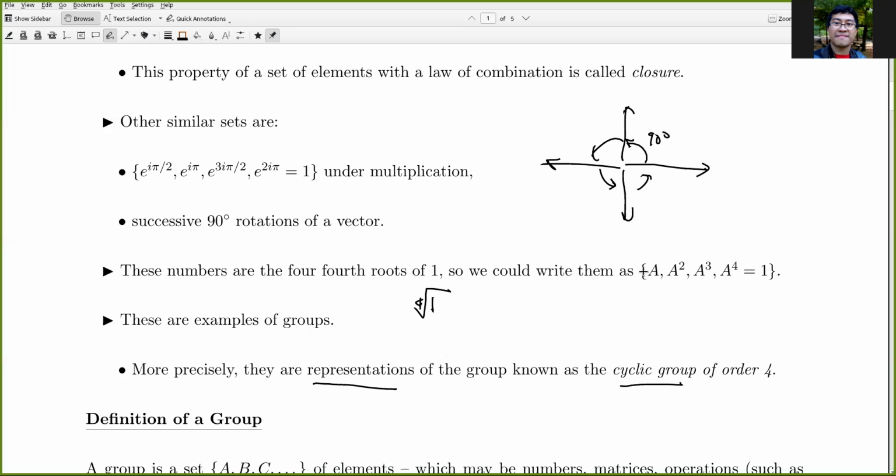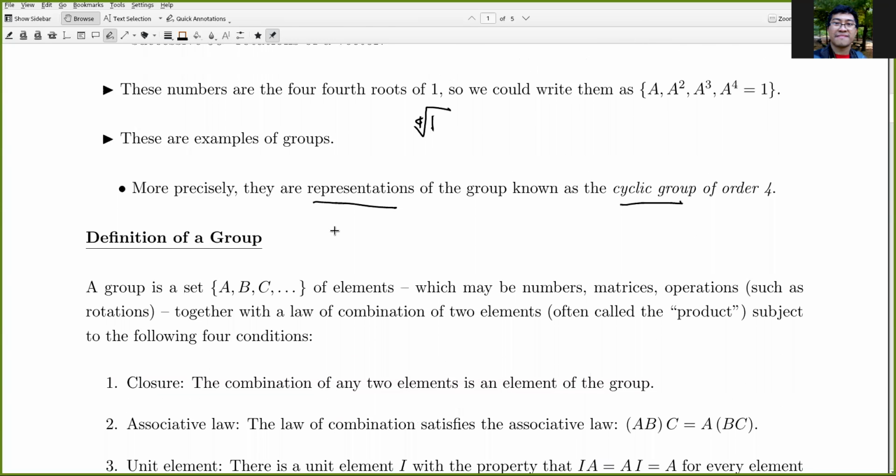So if you have an element, you take powers, say a squared, a cubed, a to the power of 4. On the nth power, if it goes back to 1, it would be a cyclic group of order n. Say the 4th power goes back to 1, so the order is 4.